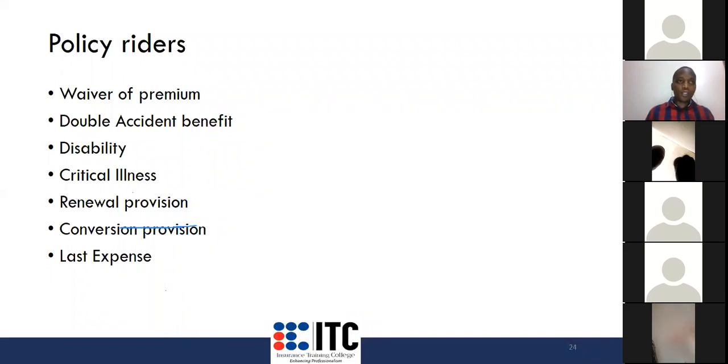So yes, the risk may be, say, maternity. Is maternity really a health problem? Maybe you may affect a woman's health. But we're not saying we're going to deliver a baby for you. We're saying no, we'll pay for the costs related to delivery. We'll pay for the costs related to, say, dental issues.